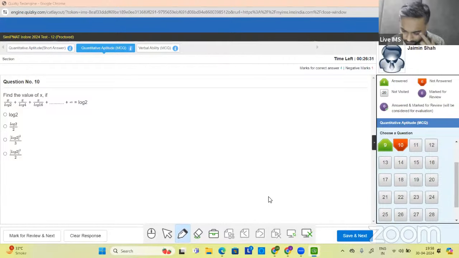Now here, log 2, everything is equal to log 2, I mean the addition is equal to log 2 basically, so we have to find x. Okay, so this is a GP.